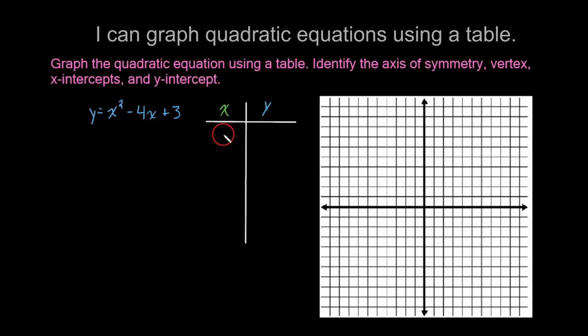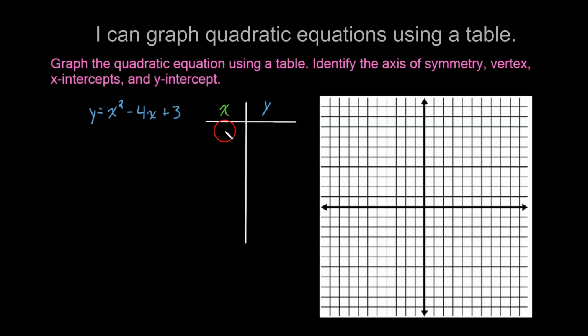Because if we just choose any random values, it's not going to give us a good representation of what this graph truly is. So we can choose whatever values we want, but as you get more experience, you might be better at picking appropriate values for x.